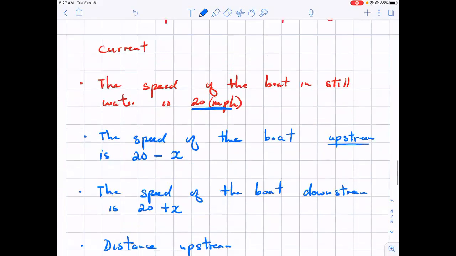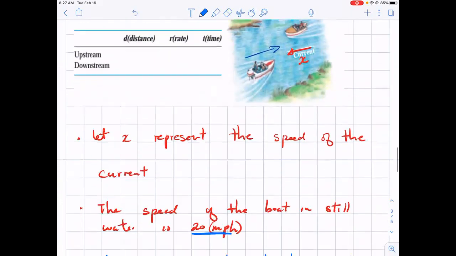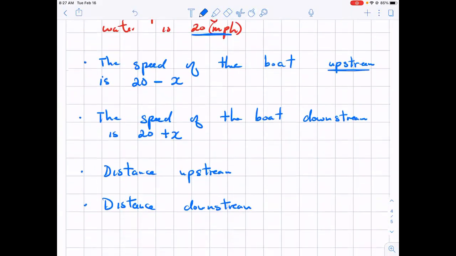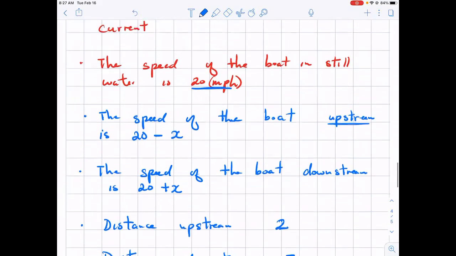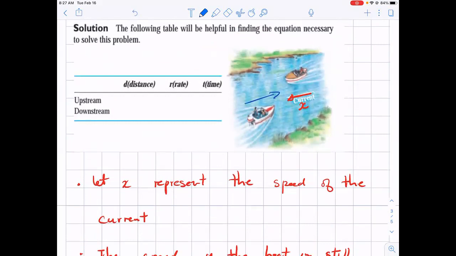So if you look at your problem, 3 miles downstream and 2 miles upstream. So for downstream, it is 3, and for upstream, it's 2. Generally, sometimes when I get these types of problems, I think a little table will be helpful. So I draw a table.